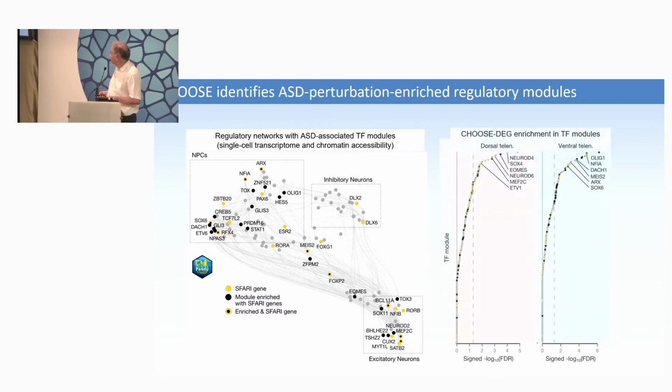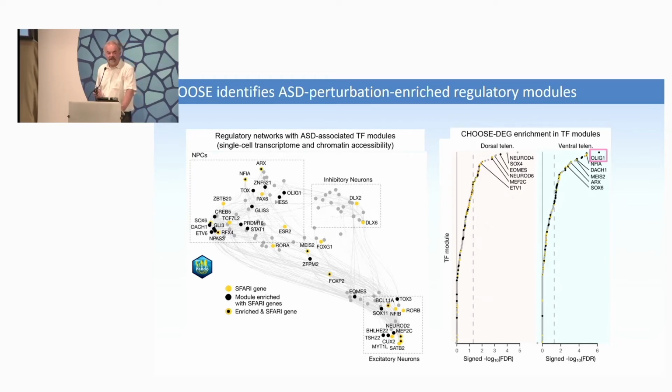autism-perturbed organoids. And this allows us to derive gene regulatory networks that are specifically susceptible to autism-like perturbations on the dorsal and on the ventral side. And one of them stands out, which is OLIG1, which is the most highly perturbed gene regulatory network.